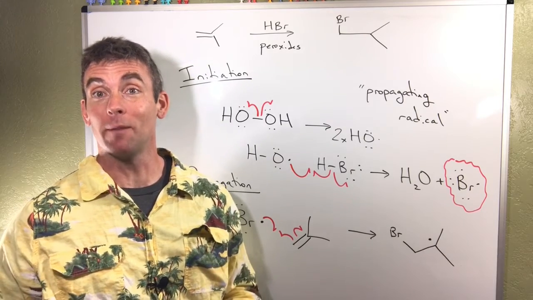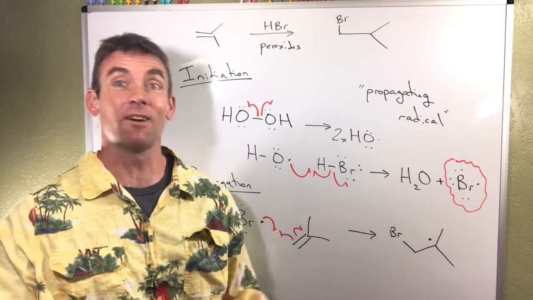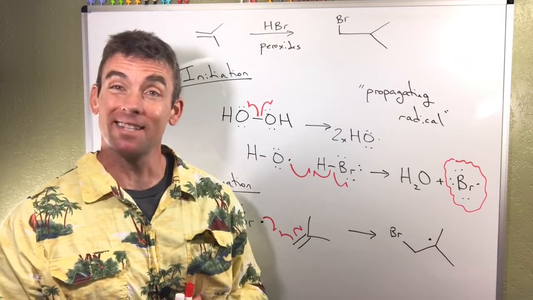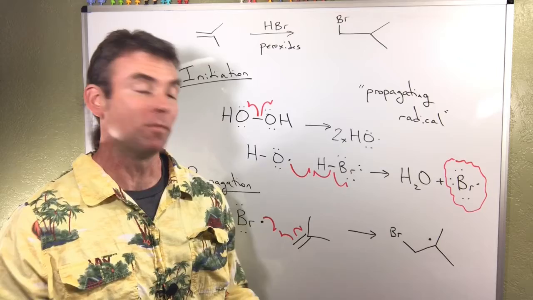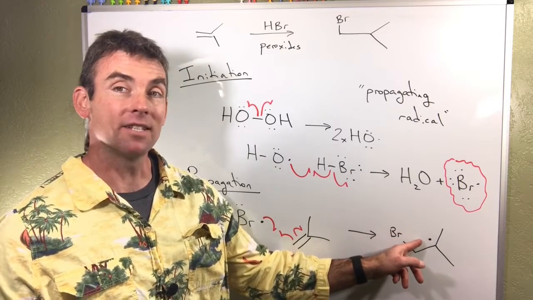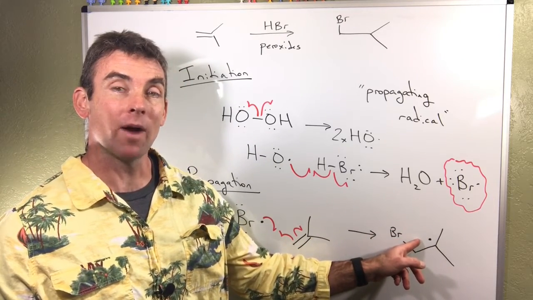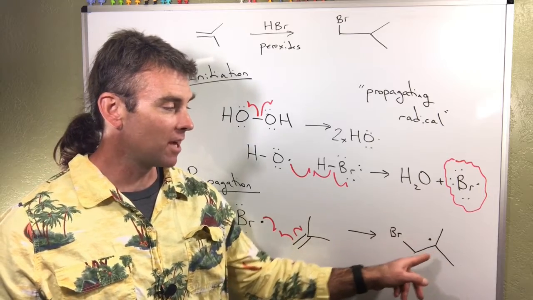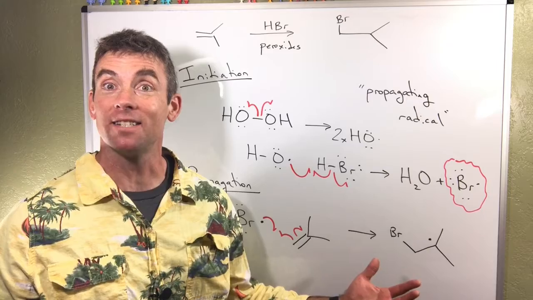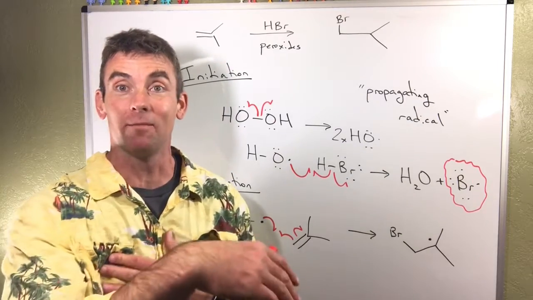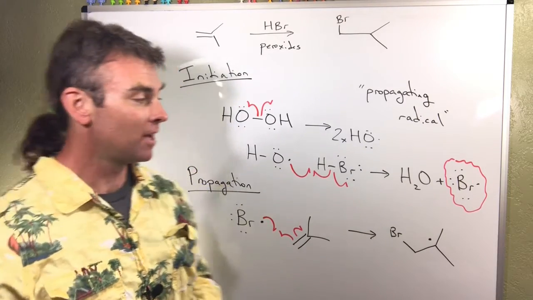Tertiaries were always more stable and therefore more accessible than secondaries, etc. It's kind of the same reason here, right? We've got this what's called inductive stabilization through bonds to stabilize that radical being there, as opposed to the Br adding to the other position and having a dot out here, right? That wouldn't be as stable, therefore it'd be a higher hill to climb, like if you remember that lecture video.